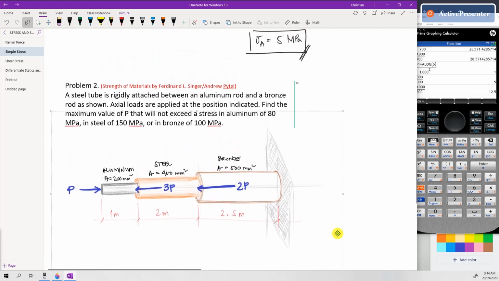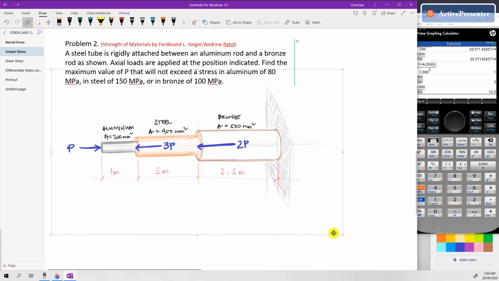So dito sa next example natin, meron pa rin tayong aluminum given yung area na 200 millimeters squared. Then we have steel pa rin with a cross-sectional area na 400 millimeters squared. And bronze again with 500 millimeters squared. Okay.